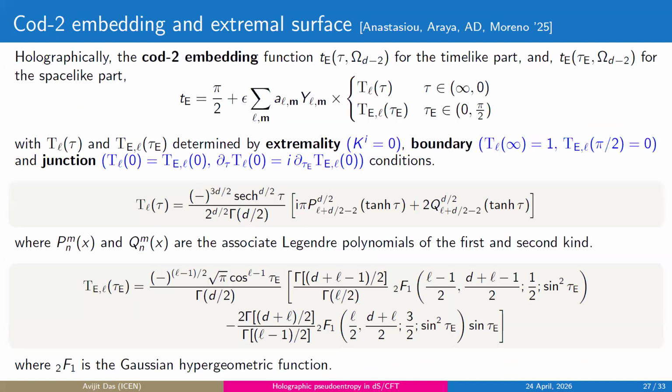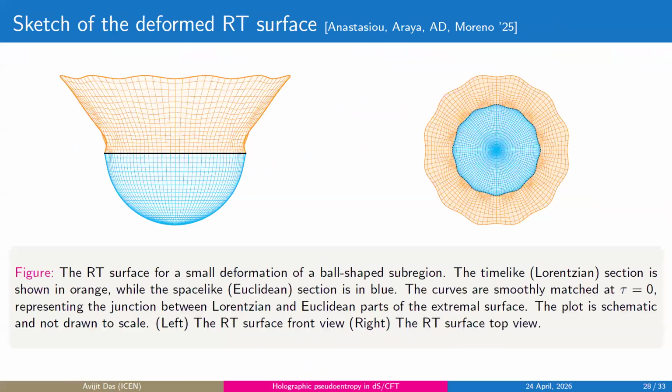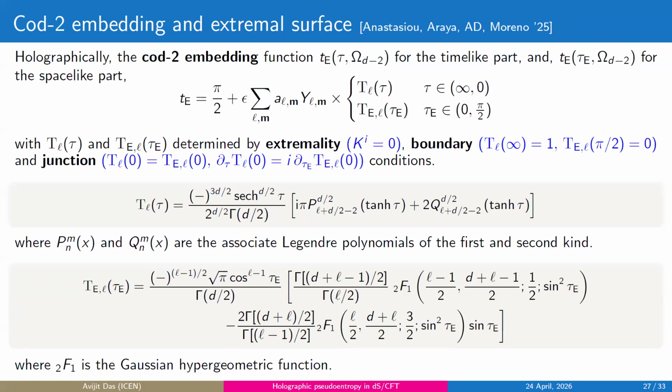But in codimension 2, we have this extra T_L(tau) and T_EL(tau), which are related to going into the codimension 2 bulk dimension. I have an image to help understand this. You have two parts: one is the time-like part and the other is the space-like part. The tau dependence is for the green, time-like part, and this Euclidean part is for the space-like RT surface.